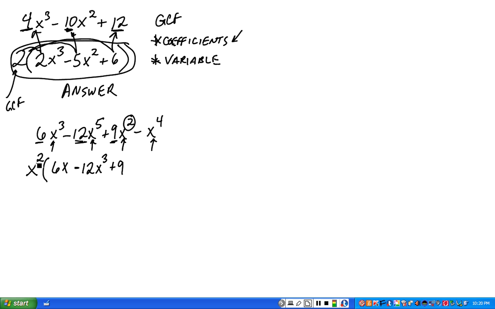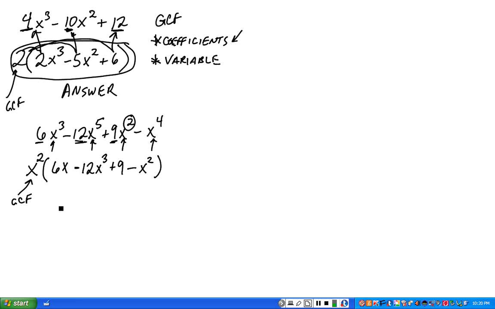X to the second, I pulled out x to the second, so 2 minus 2 is 0, so I won't have any x's on this 9. And then x to the fourth, x to 2, 4 minus 2 is 2, so x squared left. Okay, so there you have it. That would be your final answer, where your GCF is x squared.